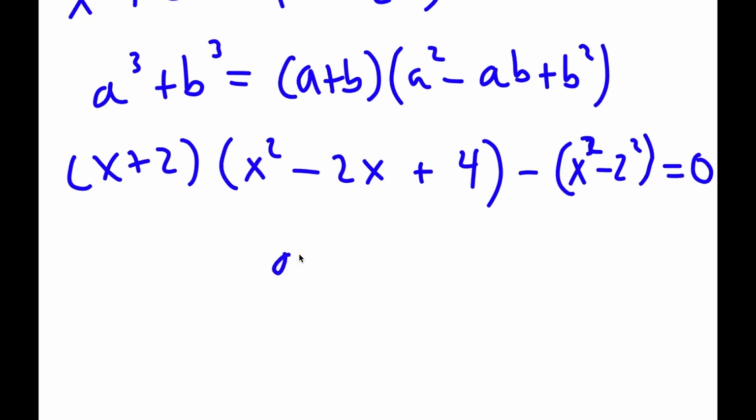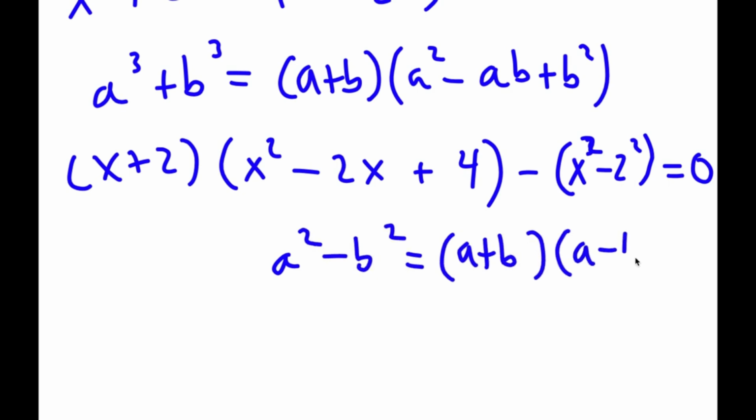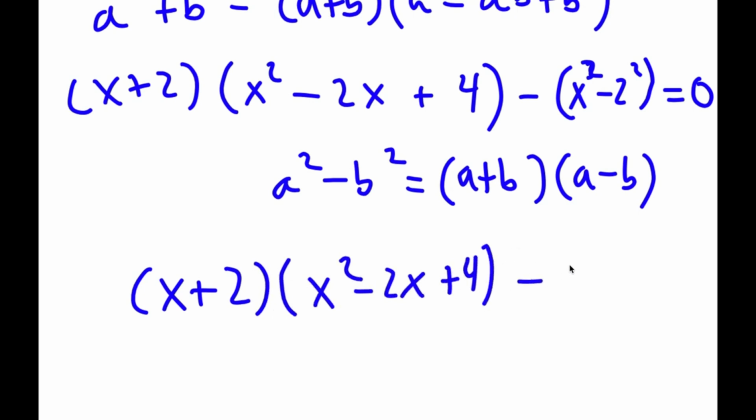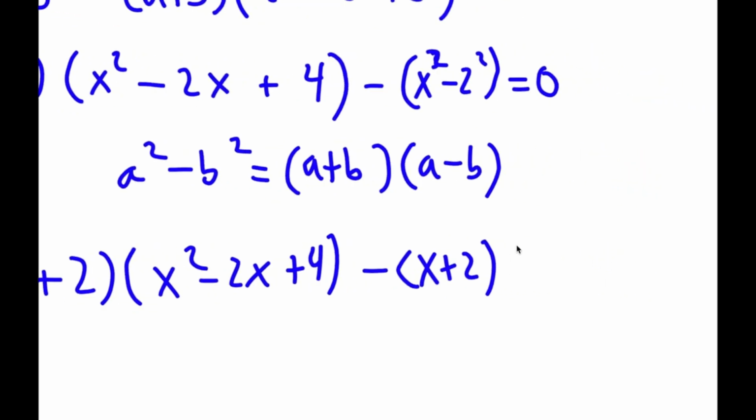Now, if I have something in the form a squared minus b squared, this is equal to a plus b times a minus b. So x squared minus 2 squared, let me write all of this. This is equal to x plus 2 times x minus 2.